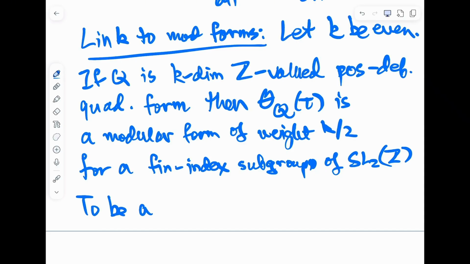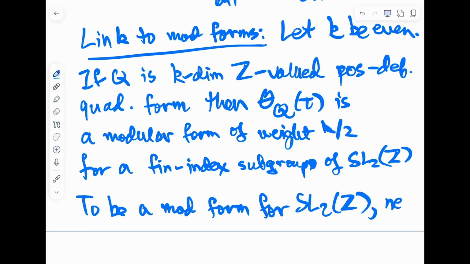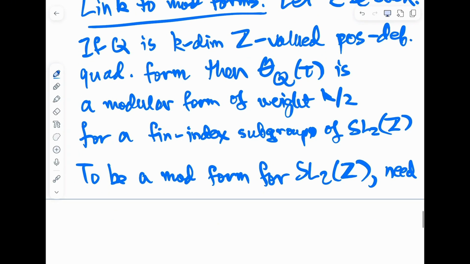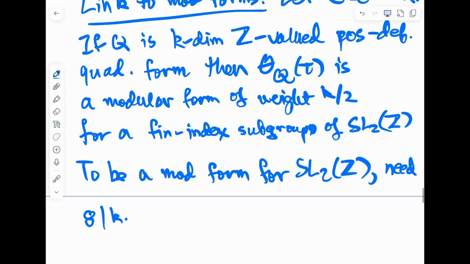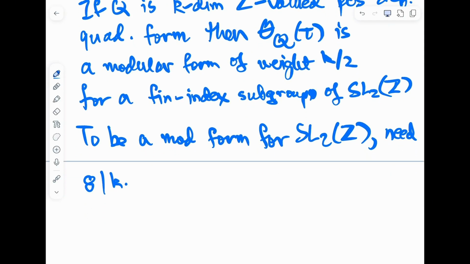So to be a modular form for all of SL2Z, there is a restriction. For instance, you do need 8 to divide k. I'm not going to explain where this comes from, but for instance, let's take k equal 8.